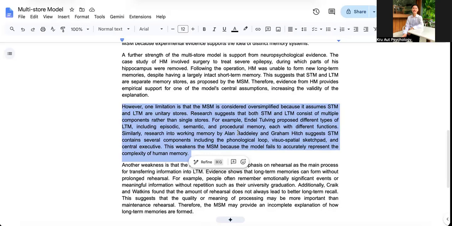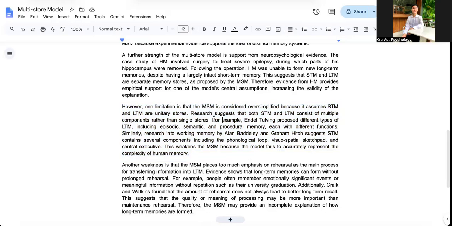In GCSE, in some exam boards, we don't learn working memory, but because we learn it here, we can definitely use this weakness to say the model is reductionist. I didn't use that word here, but it's oversimplified. That's the same idea, to say that actually there are many types of short-term and many types of long-term memory, not just a single unitary store of short-term and long-term.